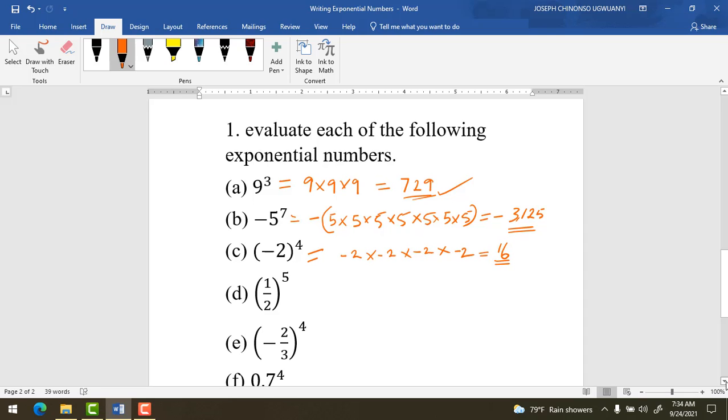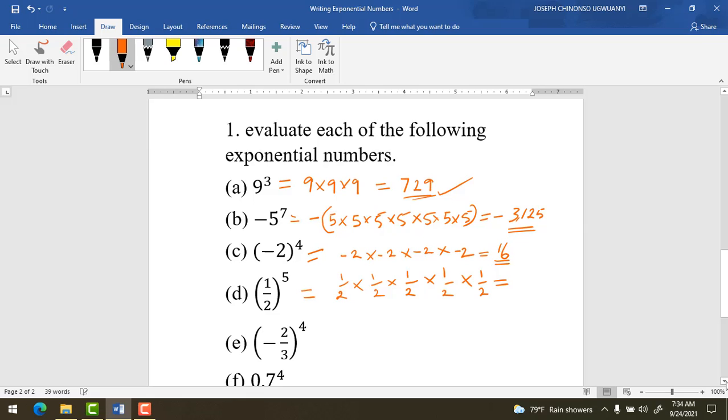Now we move down to the other one. We have a fraction, all raised to the power 5. So we have 1 over 2 times 1 over 2 times 1 over 2 times 1 over 2 times 1 over 2.